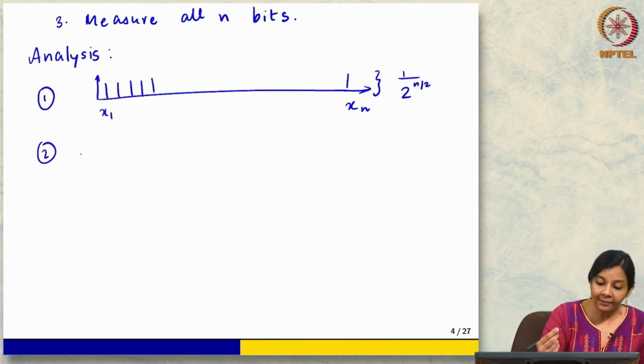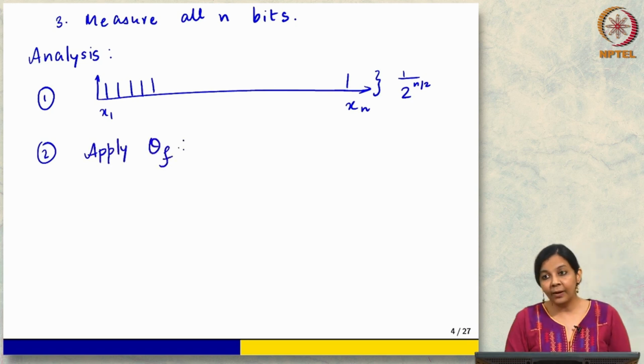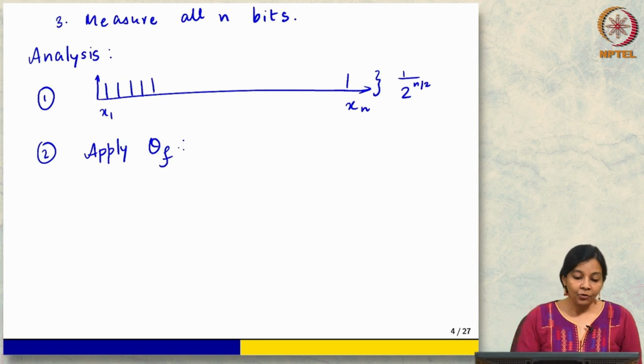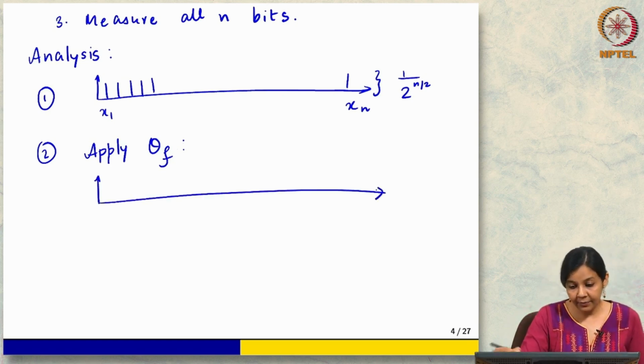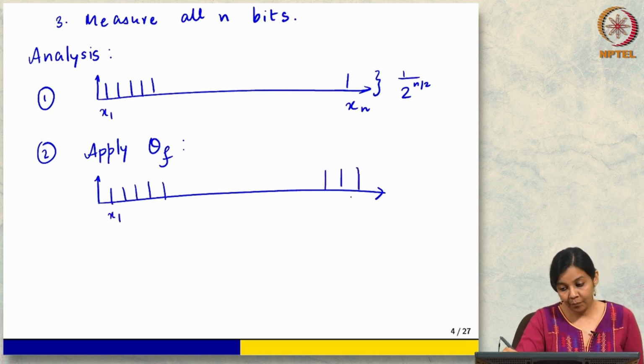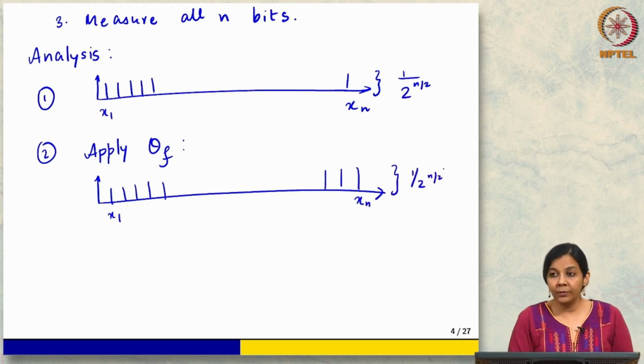Now, the second step is interesting. Now I am going to apply my function oracle. Can you tell me what is going to happen to this nice picture that I have? What is going to happen?